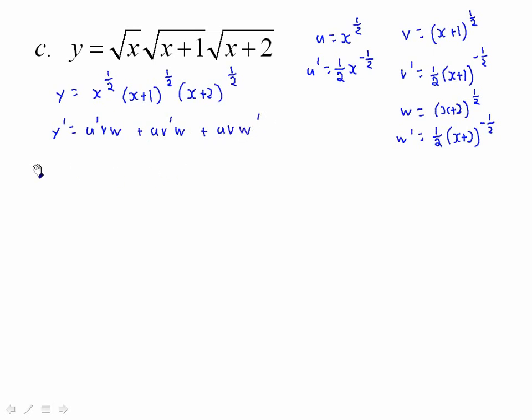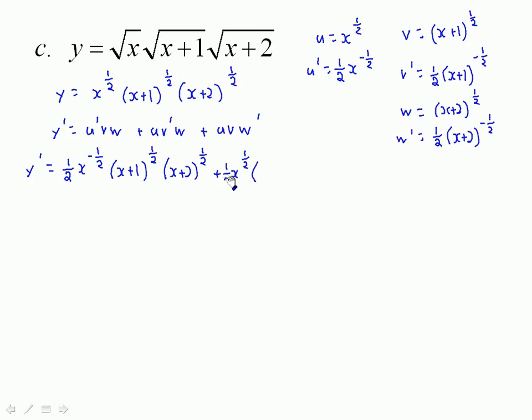So we substitute everything in, and y prime will give us 1/2 times x to the negative 1/2 multiplied by v, which is x plus 1 to the 1/2, times w, which is x plus 2 to the 1/2, and then plus u, which is x to the 1/2, v prime, which is 1/2.